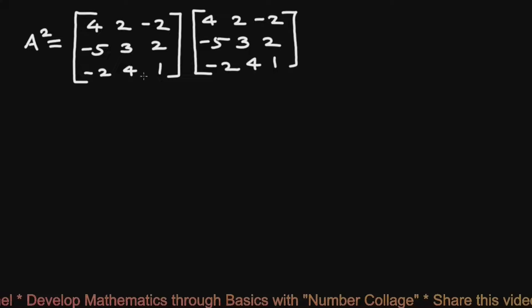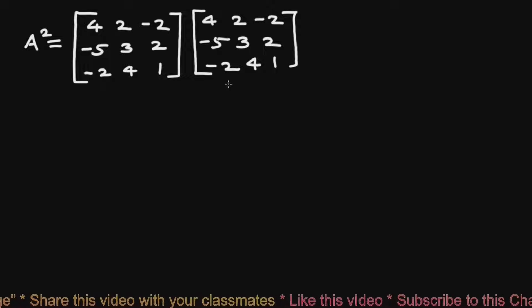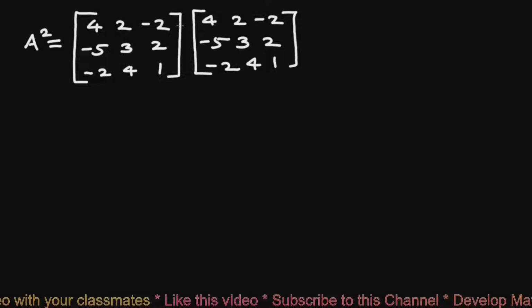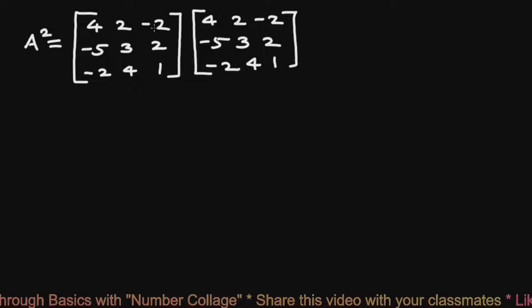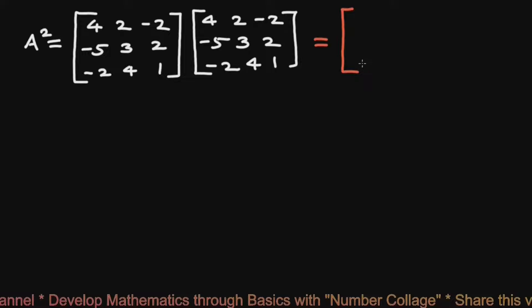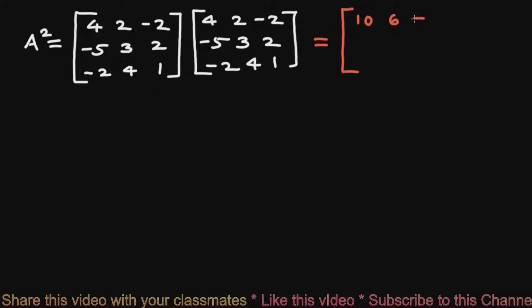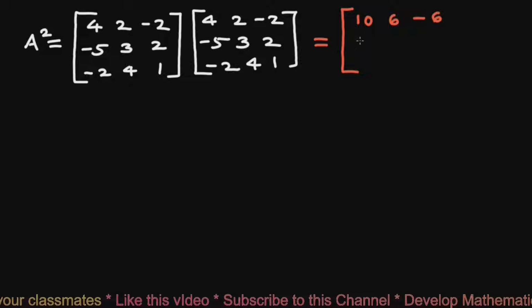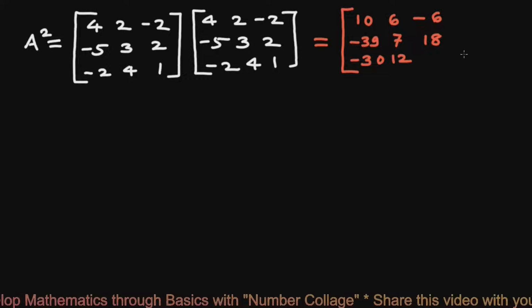As we know, in matrix multiplication, we multiply the columns of the post factor by the corresponding rows of the prefactor and add these corresponding products and write the elements. So the first element of A square will be 10, the second element 6, third element minus 6, and so forth, and the following elements will be 7, 18, minus 30, 12 and 13.